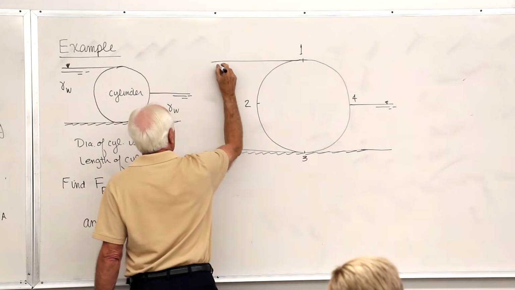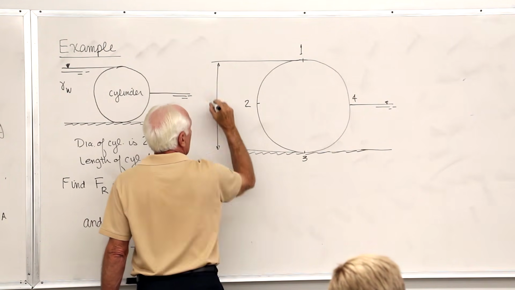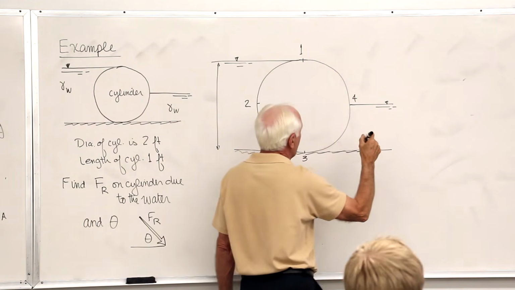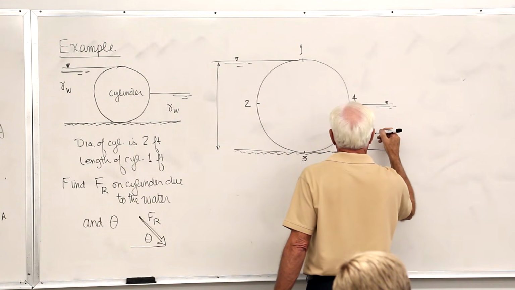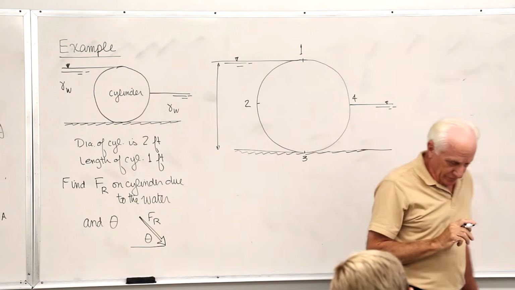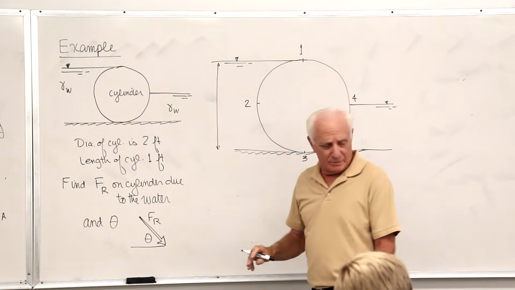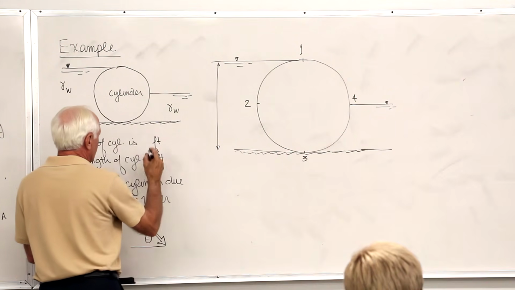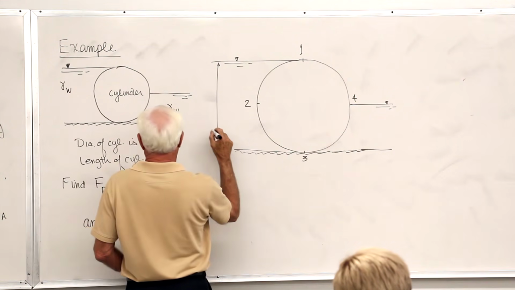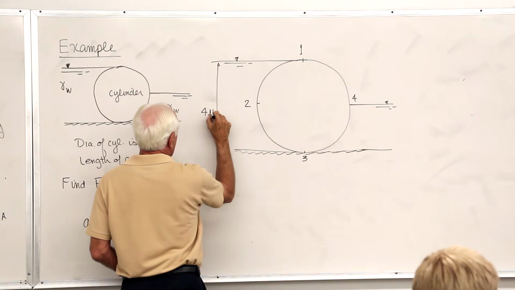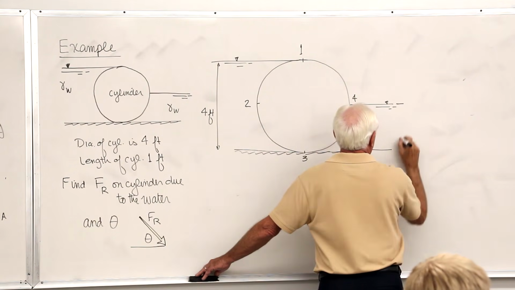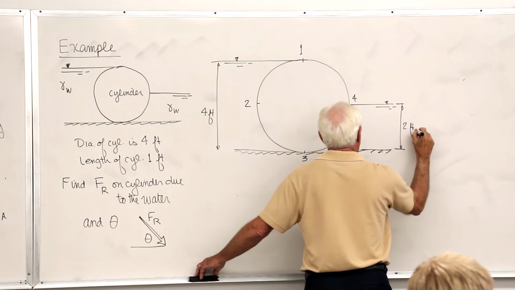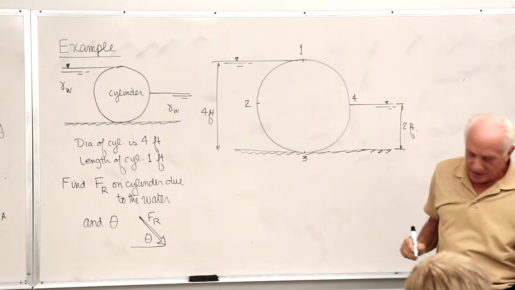Water over here. Atmosphere above. Diameter is not right. Diameter is 4. Radius is 2. Sorry about that. Diameter is 4, 4 feet. 2 feet. Center point.